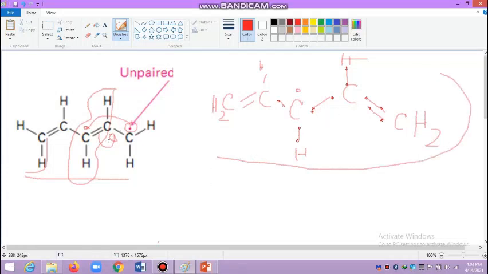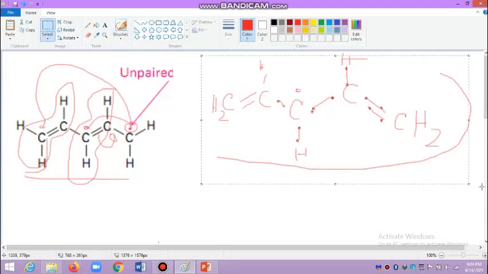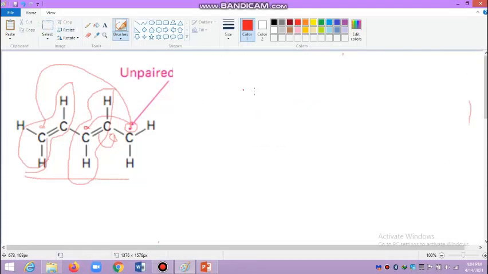Now let's have this group. What I will do is I will transfer the radical on this carbon. C, H, H, the radical, and then I will transfer the double bond here.